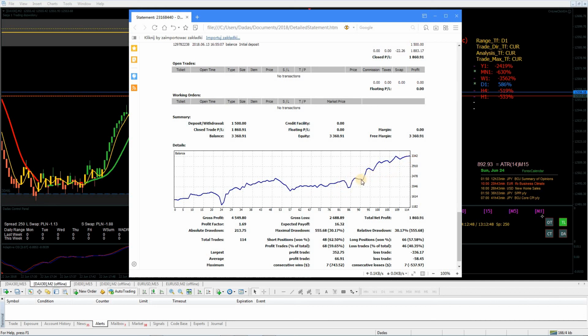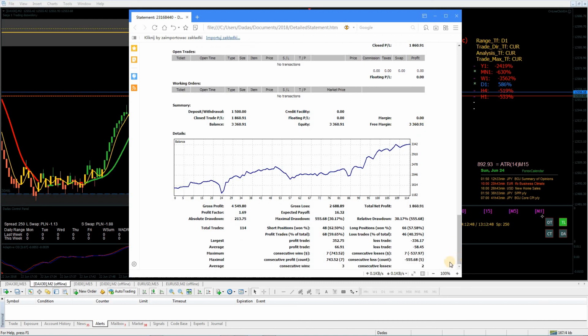Apart from those drawdown moments, on all the other moments everything seems to be okay. And anyway, the end result proves that it's good. Okay, all right.